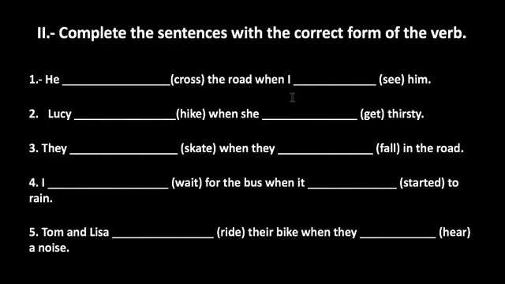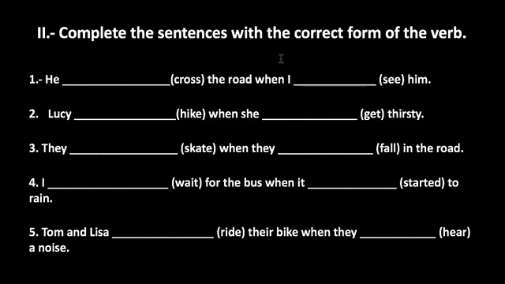So for the second part of the homework, complete the sentence with the correct form of the verb. What are we going to do here? We're going to use past simple and past continuous. Okay, so the first one I will help you with.